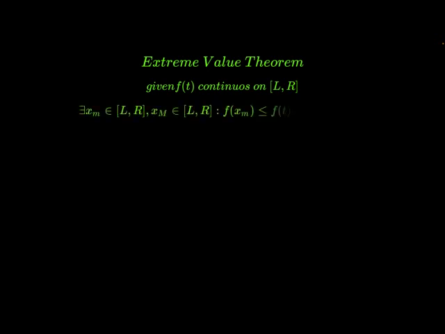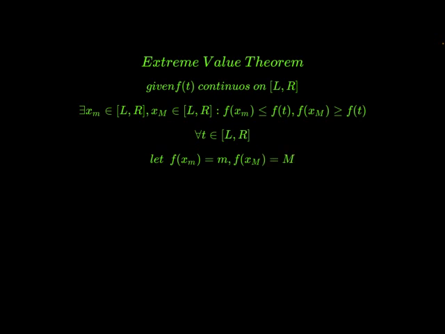It states that there exists at least one domain value x of little m and another x of big M in the domain, such that f of x of little m is less than or equal to f of t, and f of x of big M is greater than or equal to f of t for all t on the interval.